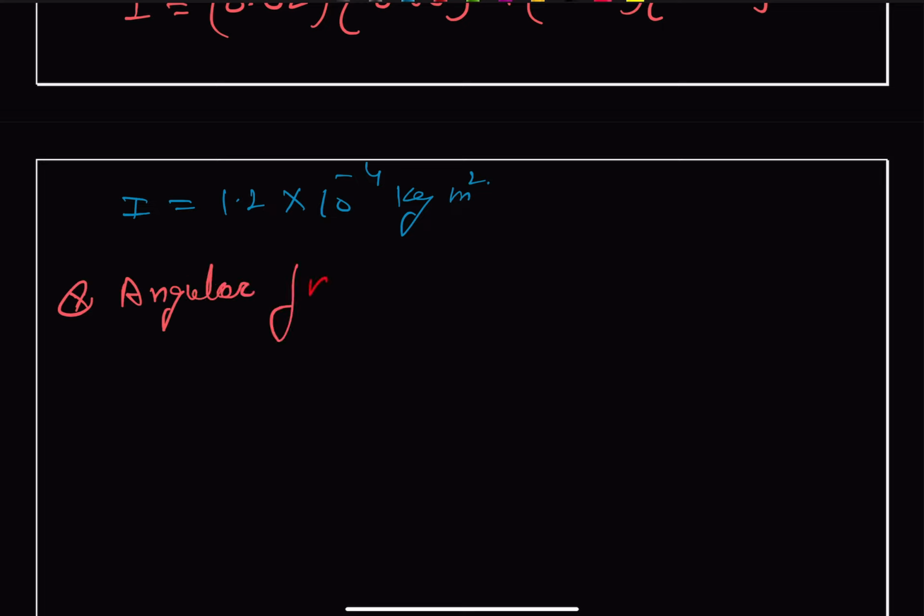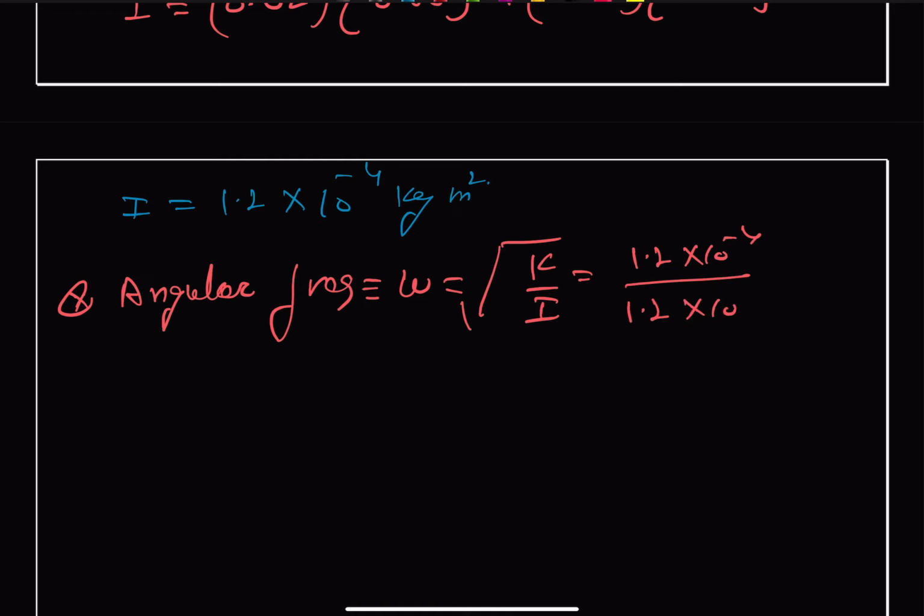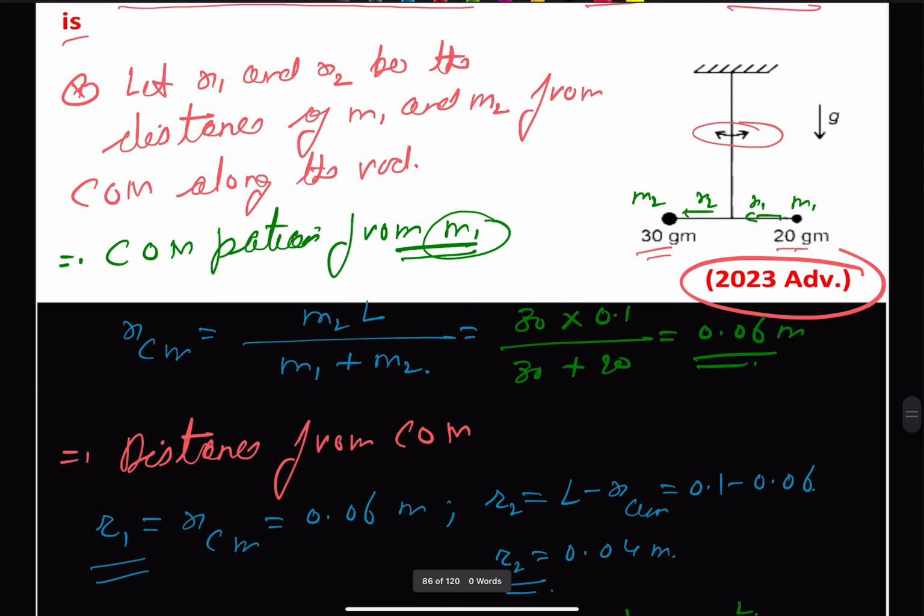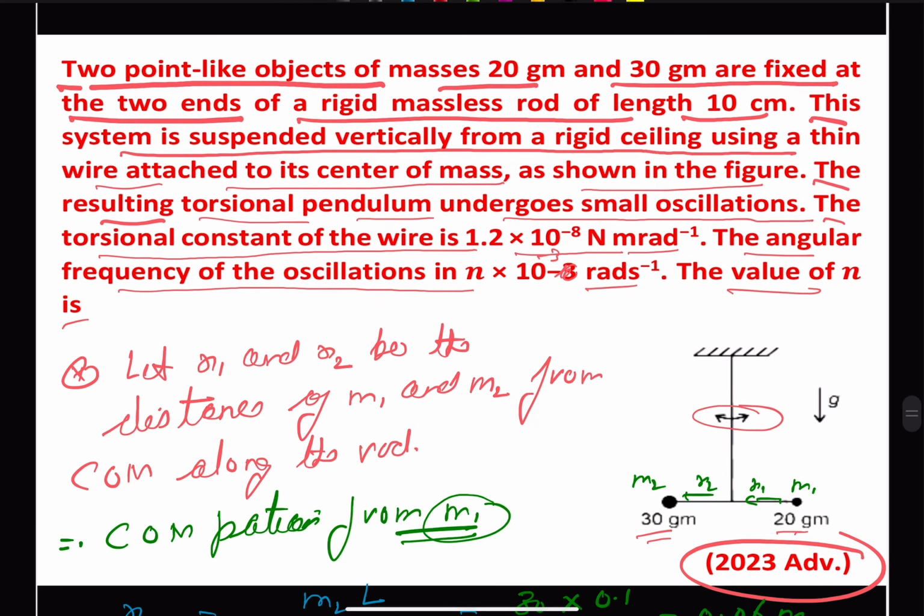Angular frequency, that is our omega, is equal to square root of k upon I. This comes as 1.2 into 10 to the minus 4 upon I, which is 1.2 into 10 to the power minus 8.